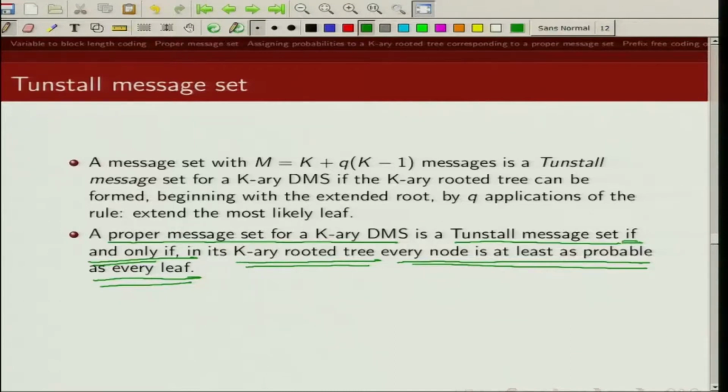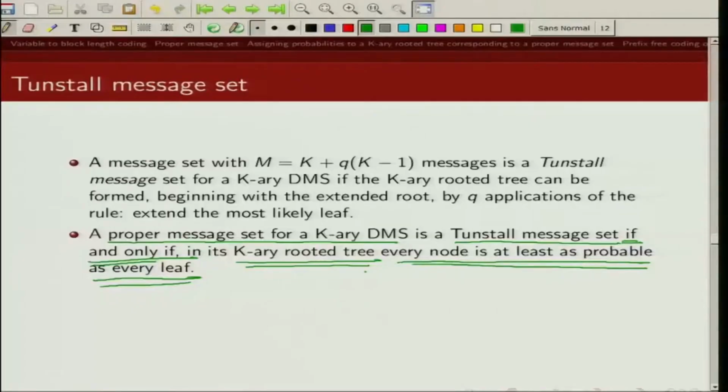Because we are extending the most likely node. So if you extend the most likely node, the probability of the leaves would be certainly less than the probability of the node. So every node will be at least as probable as every leaf.